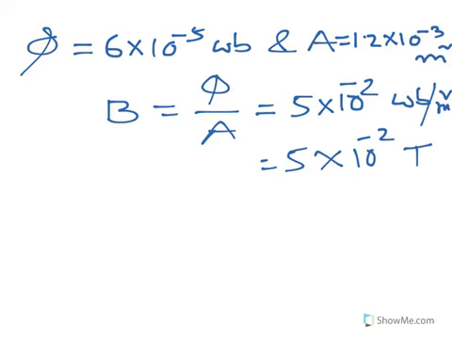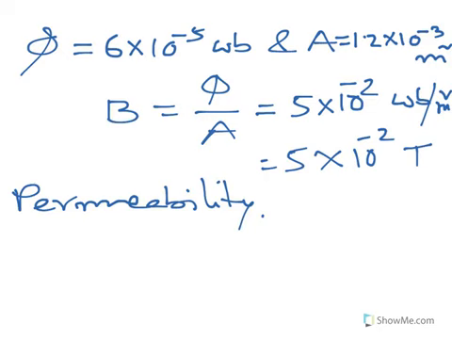The next parameter to be considered is the permeability of the core material, which is represented by mu. It depends on the materials of the core, so different cores have different permeability.